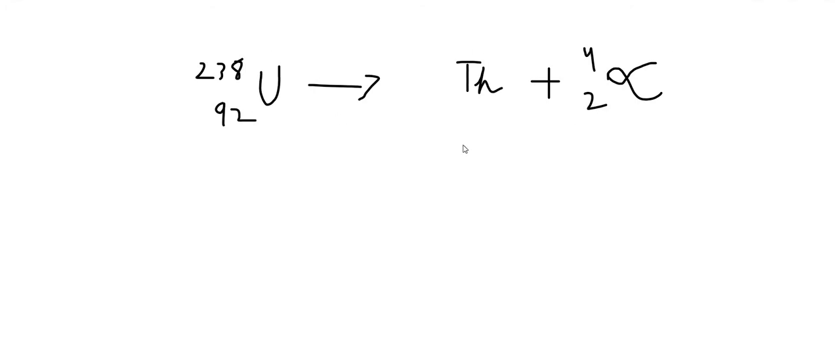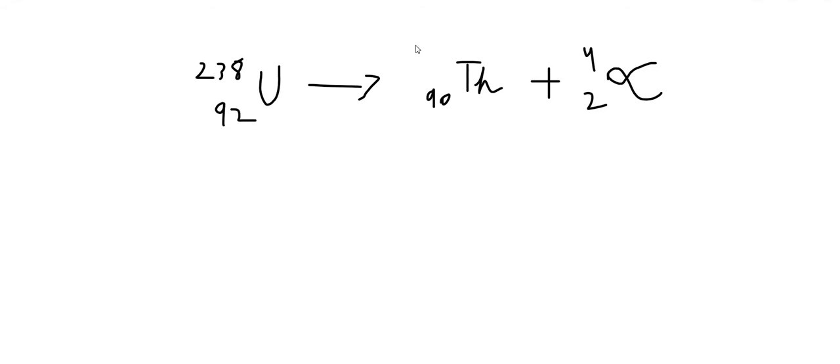And now both sides must be balanced. Over here we have 92 protons and we have 2 protons over here. This side must also have a total of 92 protons, so this must have 90. For the conservation of mass, our uranium has 238 and our alpha has a mass number of 4.